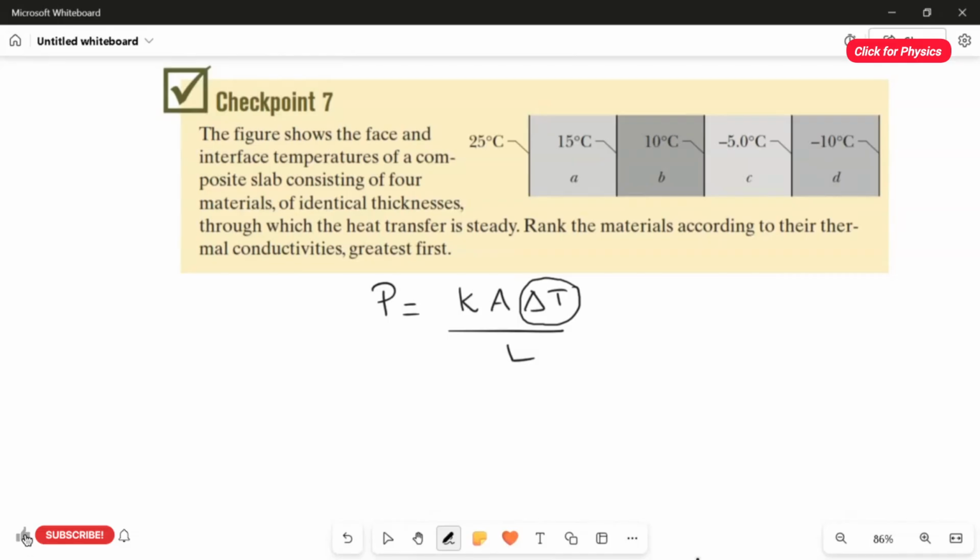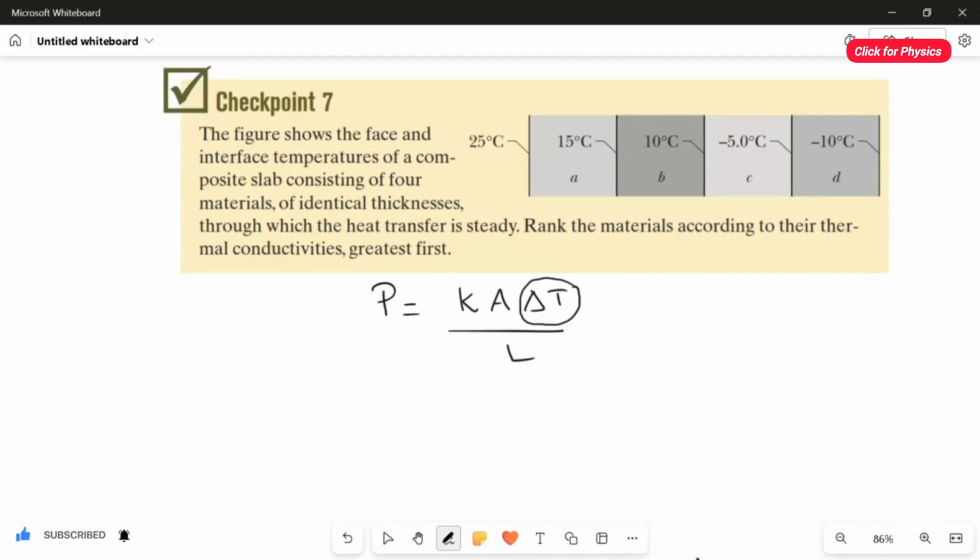For the first block, the final temperature is 25 degrees and the initial temperature is 15 degrees Celsius. Likewise, for the second block, the final temperature is 15 degrees and the initial temperature is 10 degrees. Likewise, you can find the change in temperature for the remaining blocks C and D. By using this change in temperature value, we can give the answer for the thermal conductivities.